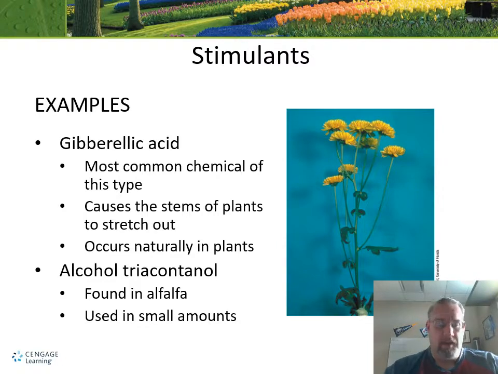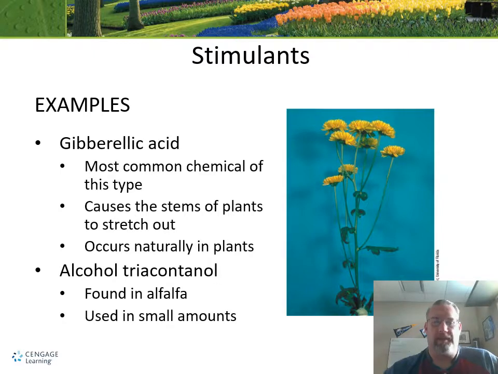A really neat side note here, if you've ever heard of the pesticide 2,4-D, it mimics the gibberellic acid. And the way 2,4-D kills a plant is it basically tells the plant to grow itself to death.